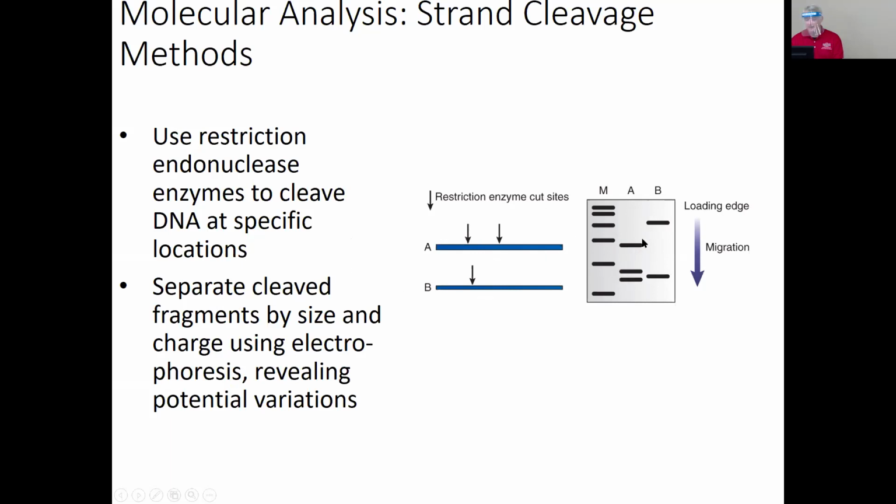So A got cleaved twice and B only got cleaved once. You mix the DNA together with the endonuclease enzyme, and then it looks for certain codes to cut. When it recognizes a certain code, it cuts the DNA, and that gives us an idea of what we've got.